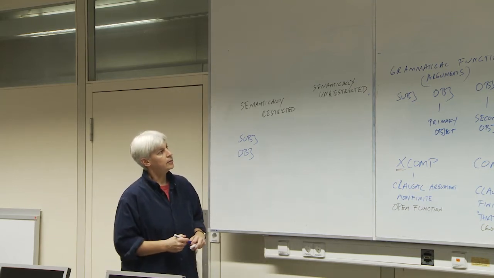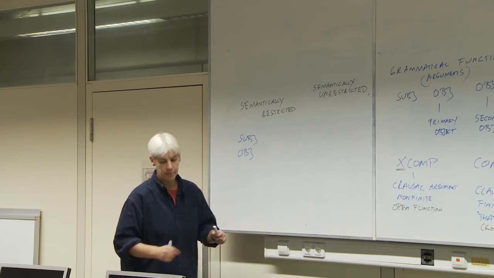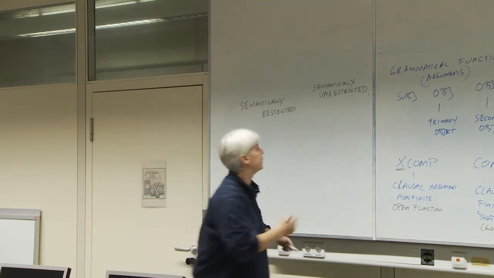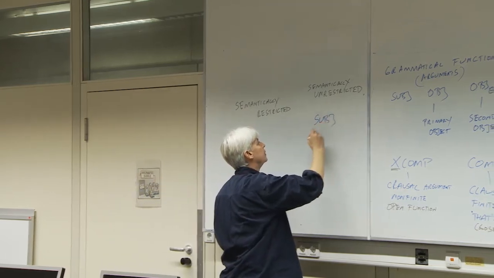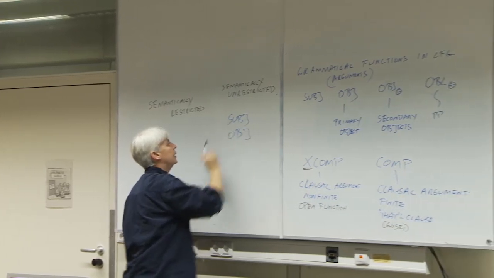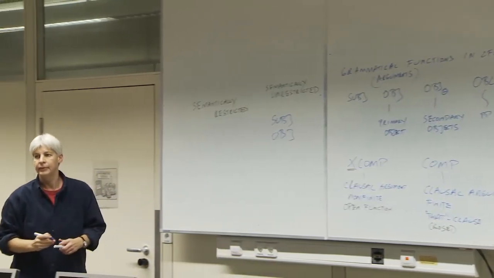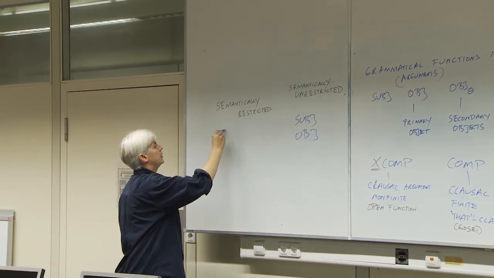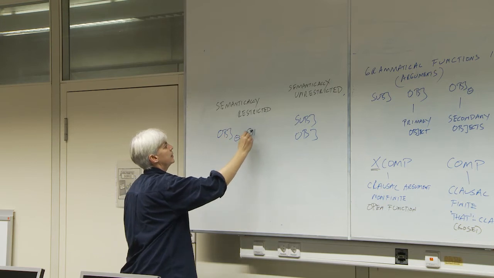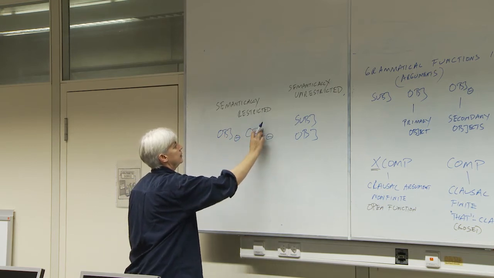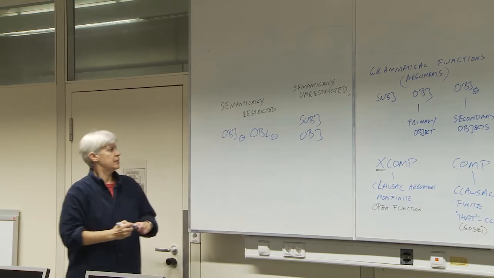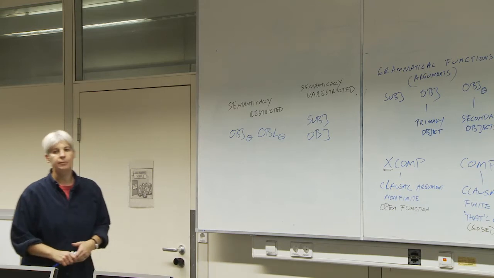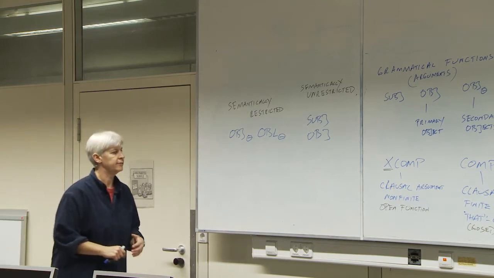Which other ones? So we've done two. Oh, sorry, I put it on the wrong column. Object theta and oblique theta are semantically restricted. That's right. The idea there is that these secondary objects and these obliques tend to have some extra semantics with them, something like benefactive or directional or locative and stuff like that.